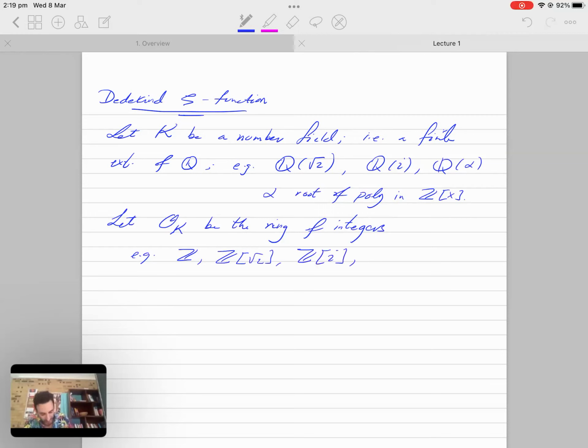For instance, if you're looking at Q adjoin the golden ratio, so Q adjoin root 5, then I think you have to be a bit careful. Maybe there are some denominators or something like that. Am I right, Angus? That's right. So up to a finite thing, it almost looks like Z adjoining the alpha, but there's a finite discrepancy, which is not so important.